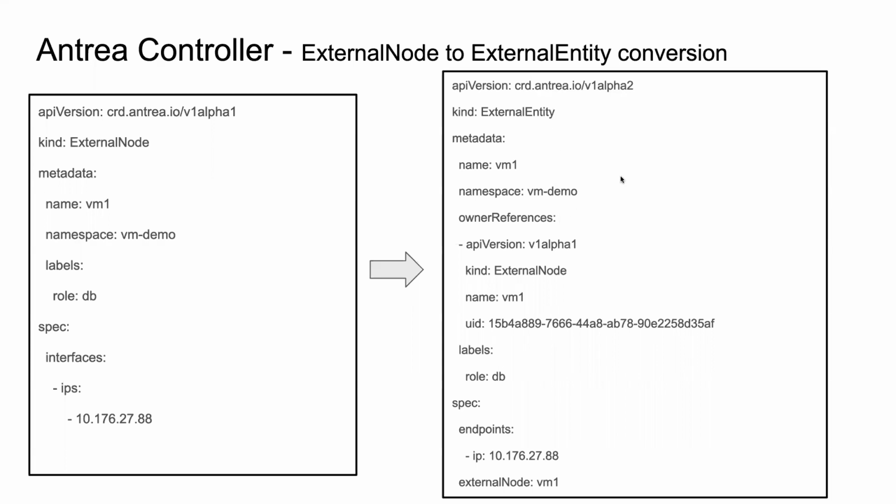But who will be the users? Because, for example, the namespace is VM demo, so the users are in... Are you referring to the Kubernetes admin, or the namespace manager of VM demo?